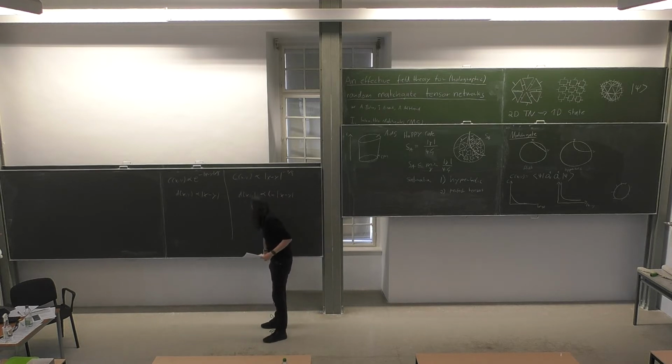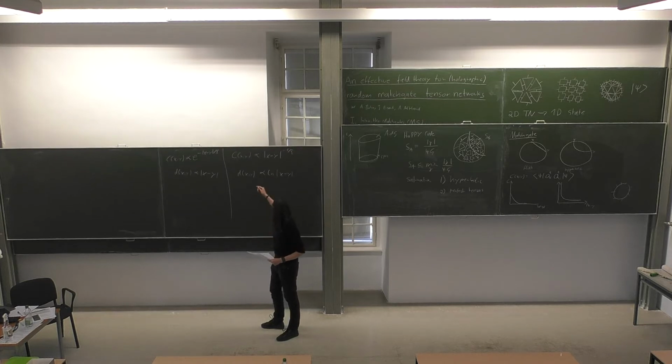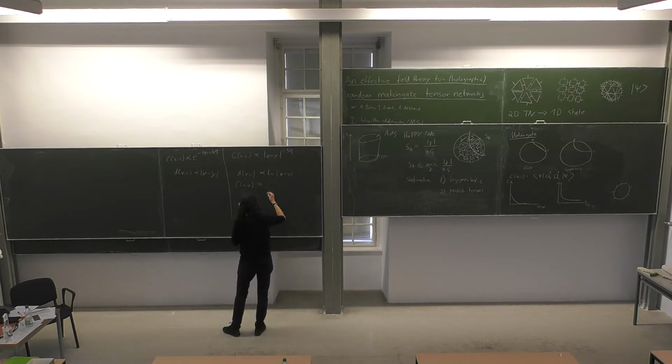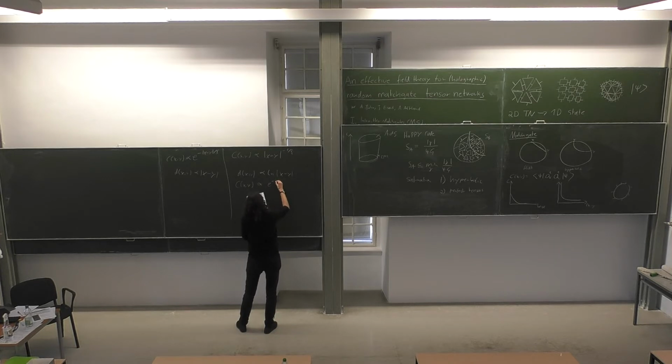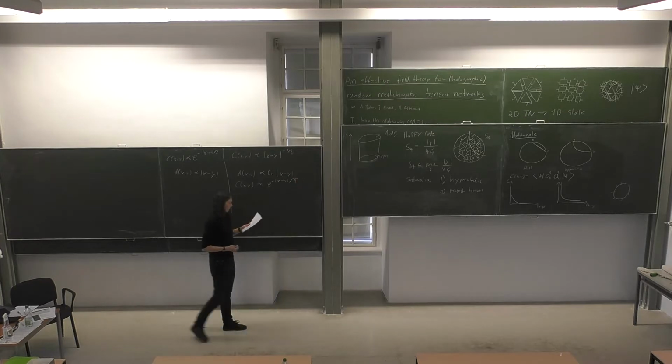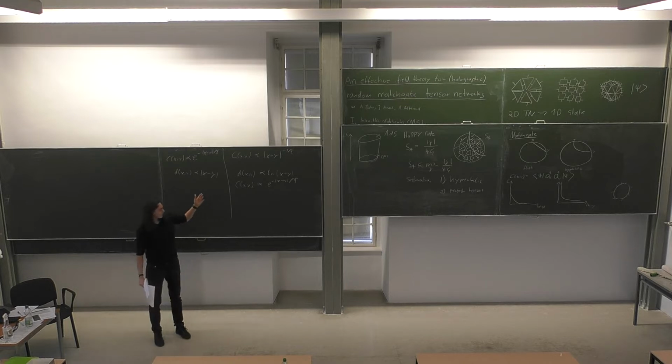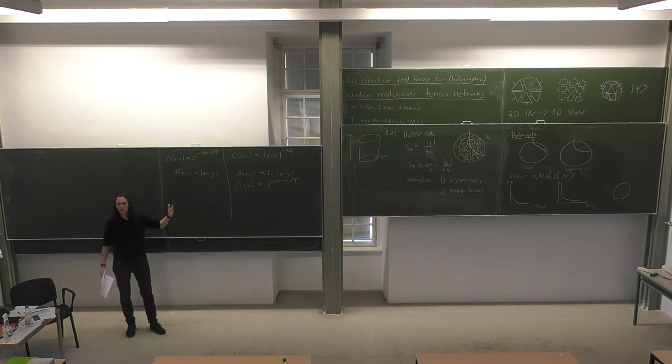So if you evaluate these correlation functions not as a function of the boundary distance, but as a function of the geodesic distance, you actually find exponentially decaying correlation functions in both cases, which makes sense because these matchgate tensor networks generically correspond to a gapped system, and you have exponentially decaying correlations in it.